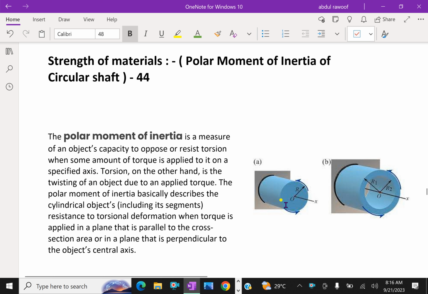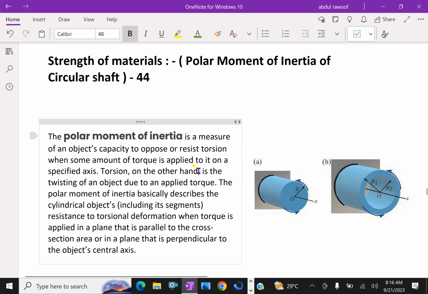Suppose a solid circular shaft is fixed here. You are giving a torque at the end, so the shaft opposes the torque by using its resistance. That means its capacity to resist twist is called the polar moment of inertia.